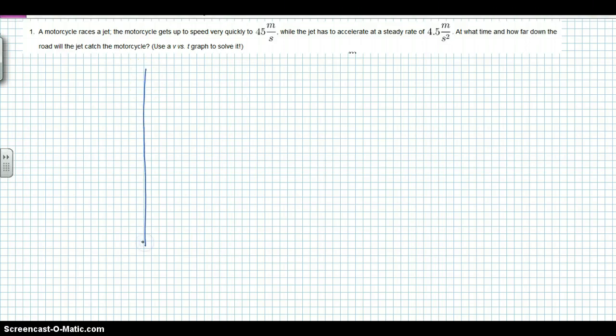Okay, so here's our v versus t graph. Nobody's ever going in the other direction, so I'm not going to have anything be negative. Alright, so we're going to do a v graph in meters per second. Make 10 meters per second the tick length, so 10, 20, 30, 45.